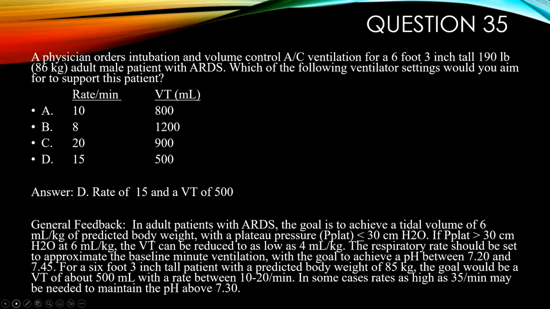So for a 6'3" tall patient, predicted body weight of about 85 kgs, the goal would be a tidal volume of about 500 with a rate between 10 and 20. In some cases, rates as high as 35 may be needed to maintain a pH of around 7.30 or higher. Just keep in mind, as you increase that respiratory rate, you may be contributing to auto PEEP.